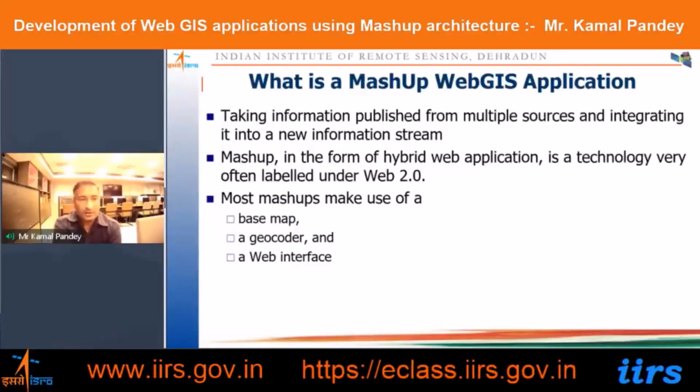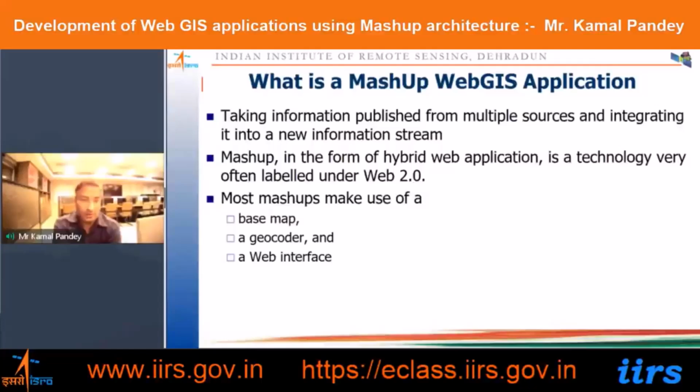Now, a Mashup is in the form of a hybrid web application, because we are taking information from different sources, and its technology is labeled under Web 2.0. I have told you that there was a drastic change in web technology from Web 2.0 onwards.